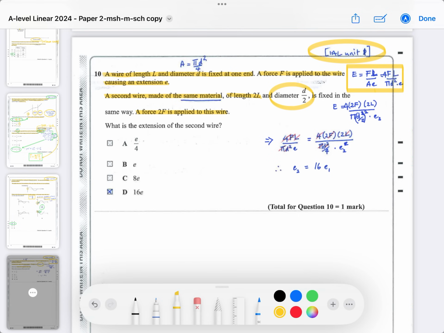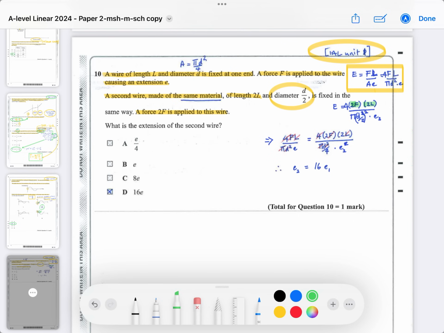So I've tried to put the numbers in. So this will be 1. And for the second one, we have E is going to be 2 times the F. So F is 2. I'm going to put it in green. 2F, doubled. Double the length. So instead of L, we put 2L.